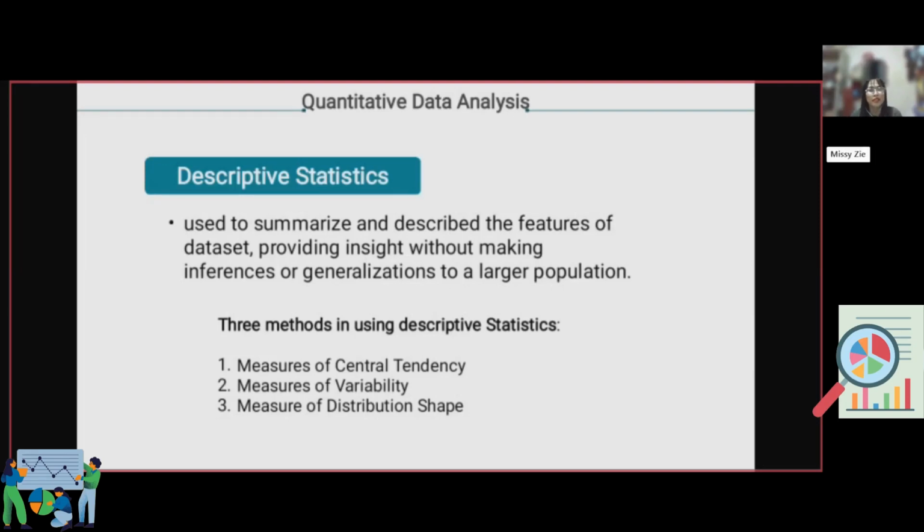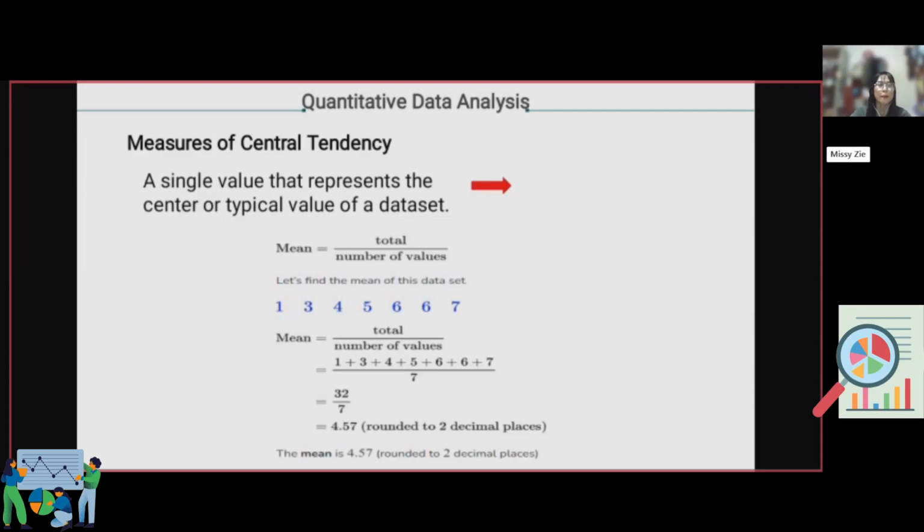So there are three methods in using descriptive statistics. First is the measures of the central tendency. The second one is the measures of variability. And the third one is the measure of distribution shape. Now, what is measures of central tendency?